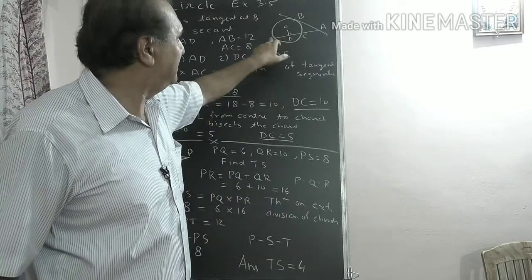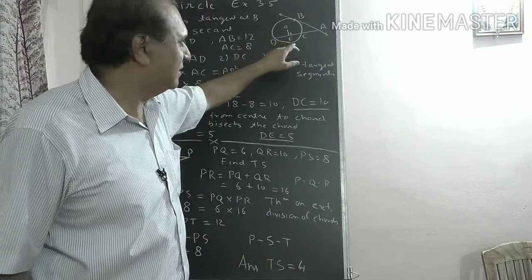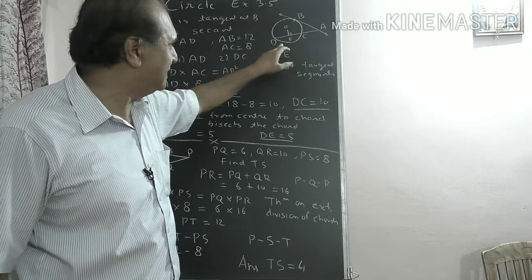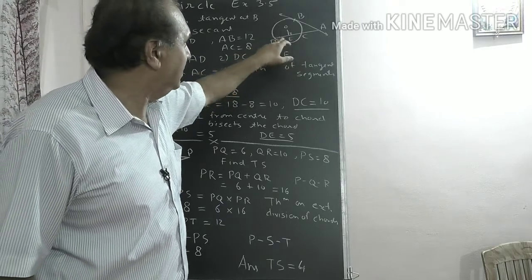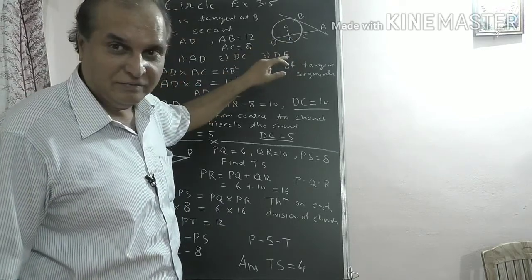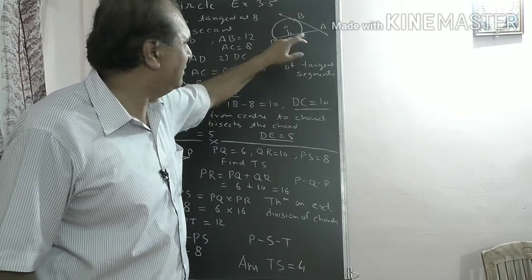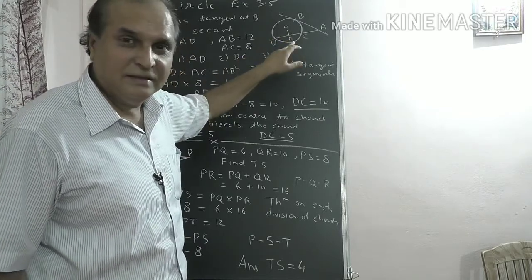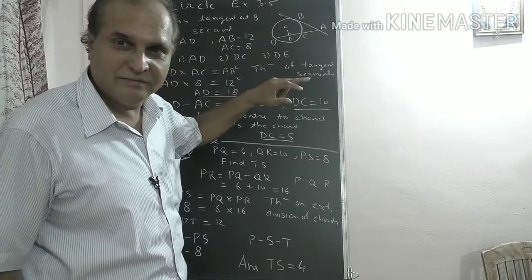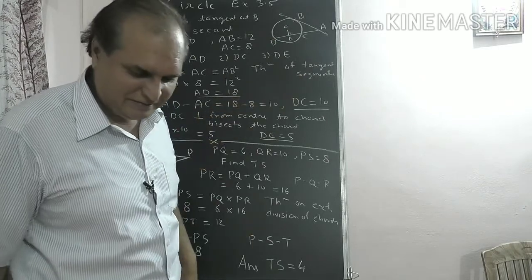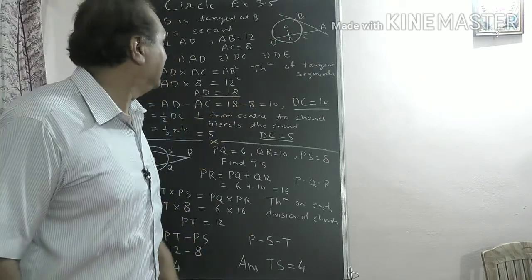This OE is perpendicular to DC, which is a chord. Okay, it is a secant, but DC is a chord. OE perpendicular to DC means DE is half of DC. They bisect. EC is also half of DC. Remember the theorem?